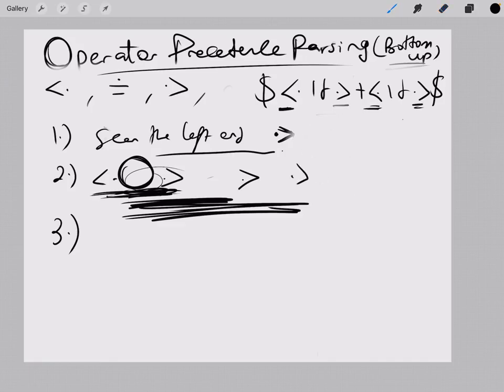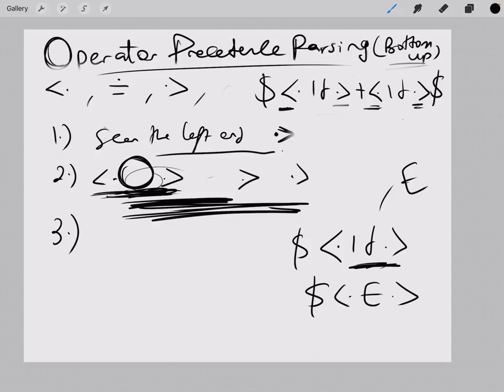Let's say we had $ id . id, and id here was our handle. After we reduce this to the non-terminal, we won't have this anymore because this guy is no longer important. It's not controlling, it's not influencing the parser. But what do we have? We still have this guy.